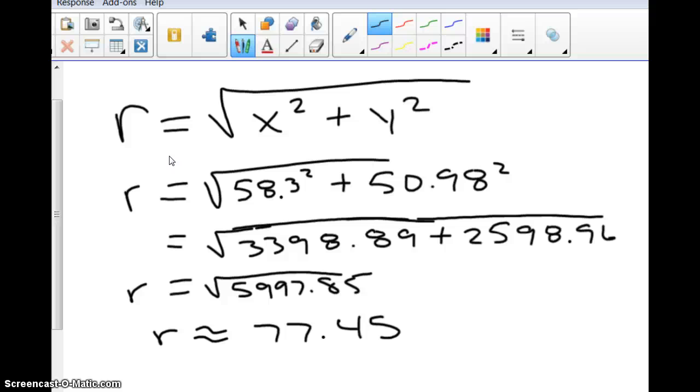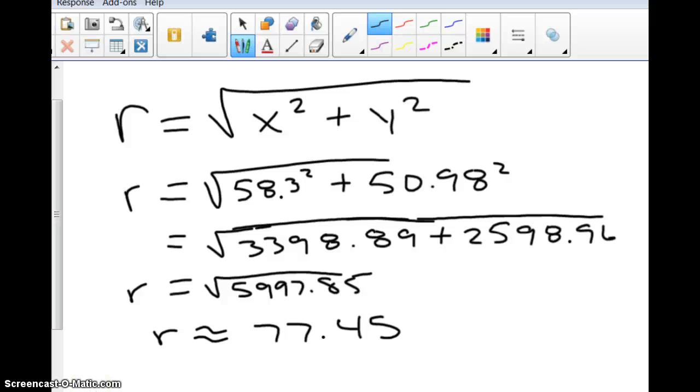I believe I have made an error. I think we need to take the square root of that. 77.45. Okay, so yeah, I did that right, I think. I would double check it in your calculator because at this time I'm a little delusional. But it should be roughly 77.45, which gives us the magnitude.